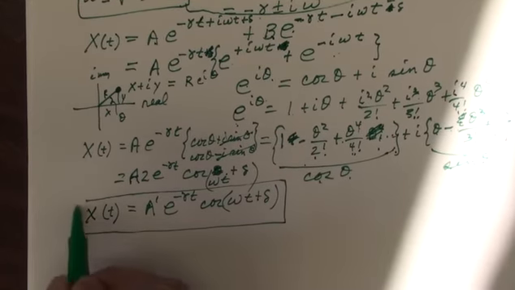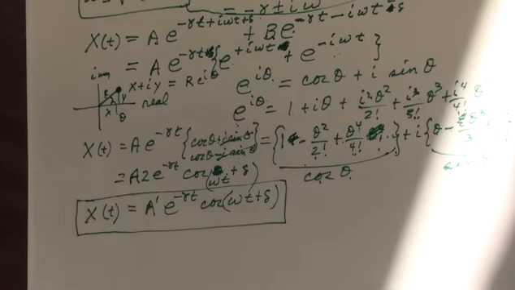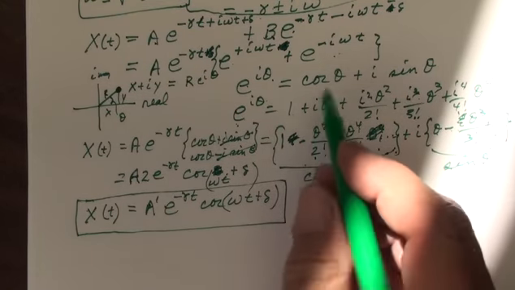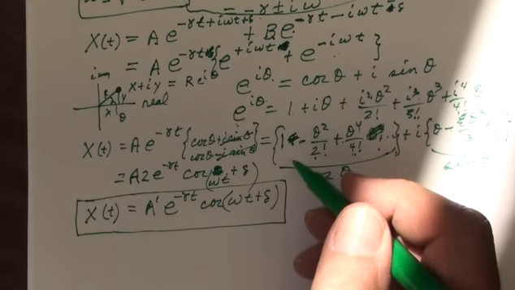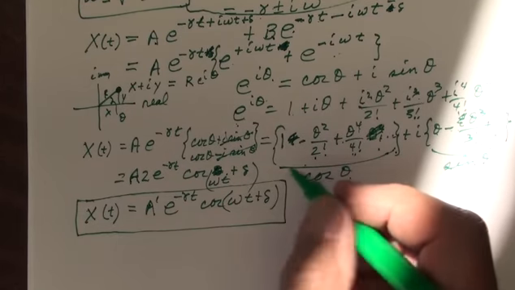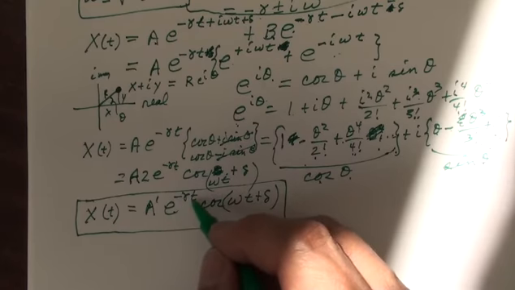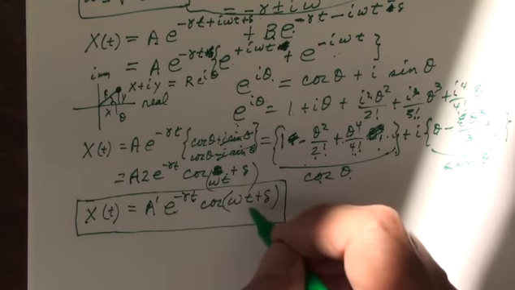This is a very important result because it's a fast and easy way to solve, using imaginary numbers, very, very difficult types of differential equation. And we end up with this where I have an exponentially damped solution times an oscillation.